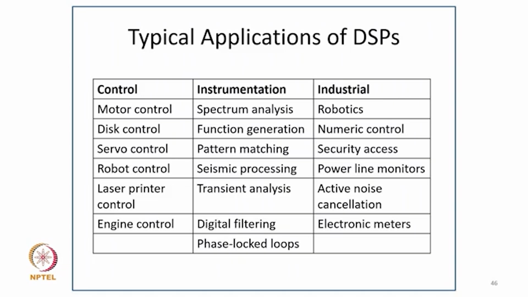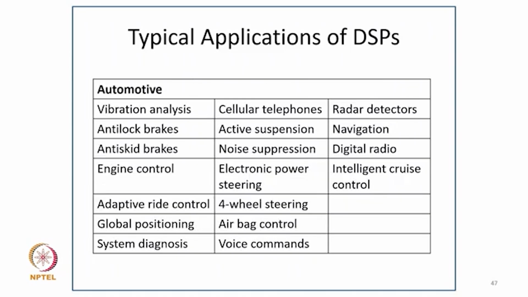And coming to instrumentation, like spectrum analysis, function generation, pattern matching, seismic processing, transient analysis, digital filtering, and phase lock loops. And in industrial, like robotics, numerical control, security access, power line monitoring, active noise cancellation, and electronic meters.